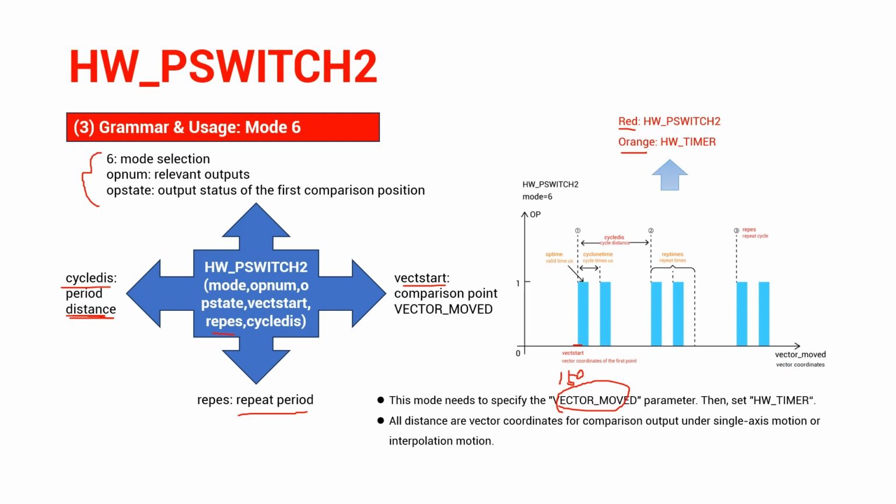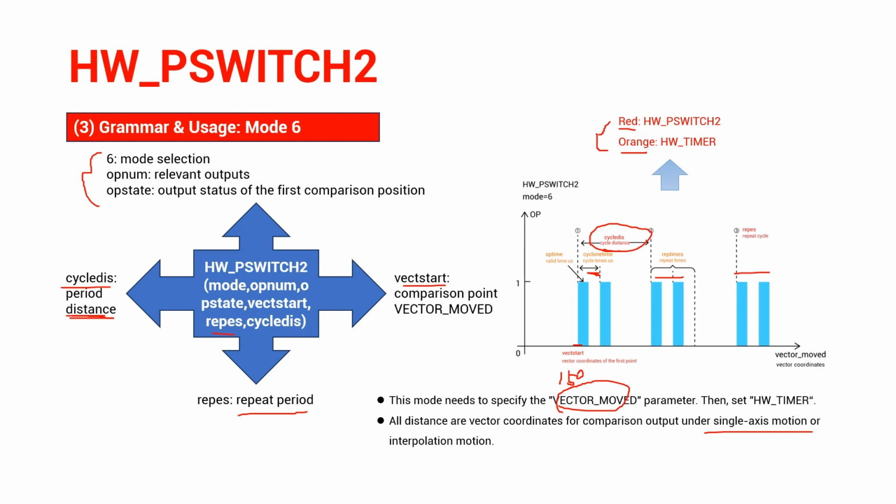So the total comparison times are confirmed by these two instructions. As mentioned before, Mode 6 uses vector coordinates. It can be composed. For example, if it is an interpolation motion, this is a resultant coordinate. Therefore, it can be used as single-axis motion and multi-axis interpolation motion.